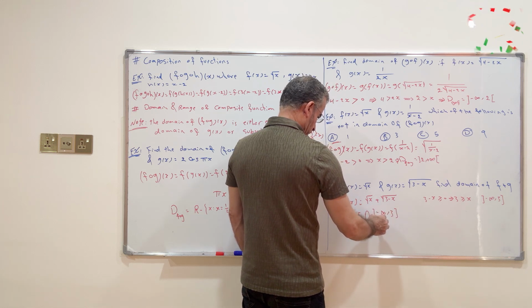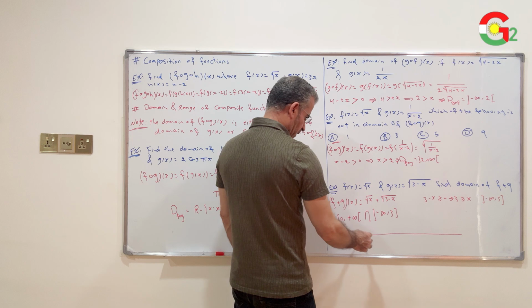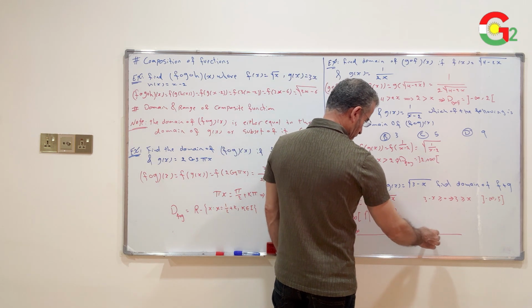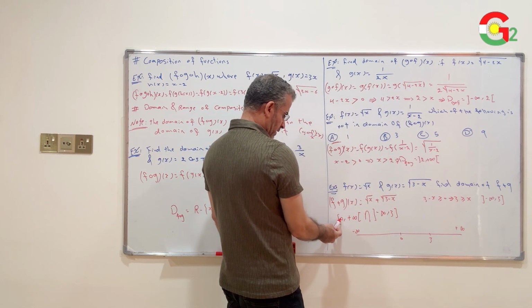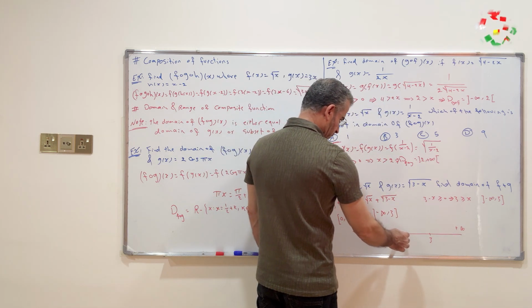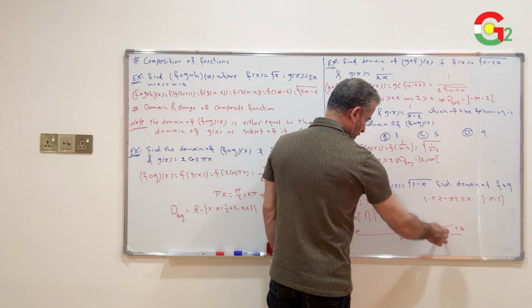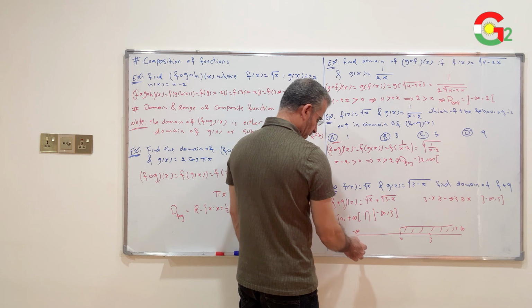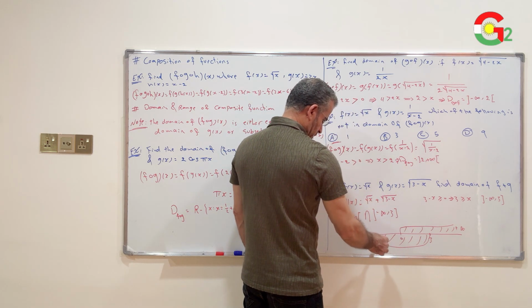To find the intersection of these two intervals: this is negative infinity, this is 0, this is 3, this is positive infinity. The first interval is 0 to positive infinity, these numbers, and the second interval is negative infinity to 3, these numbers.